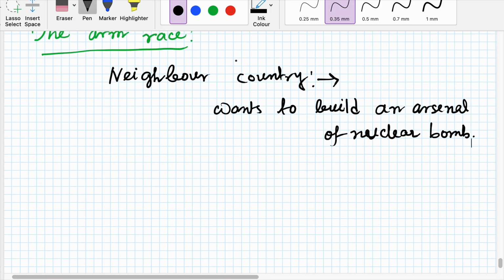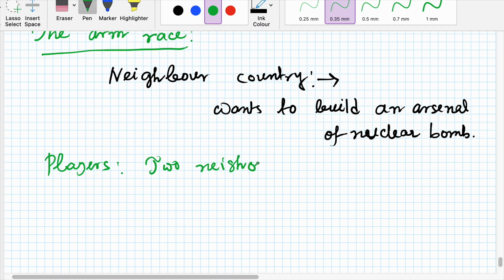Now obviously these two neighboring countries are the players, and what are the actions available? The action available is either refraining from making the nuclear bomb or making the nuclear bomb. So the two neighboring countries are the players.